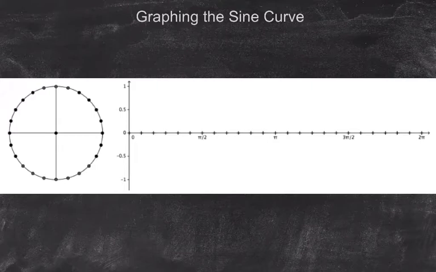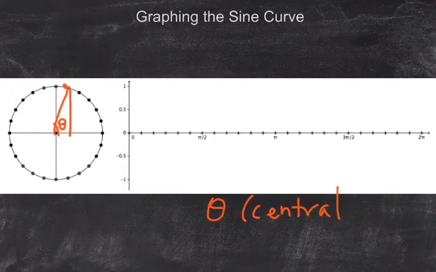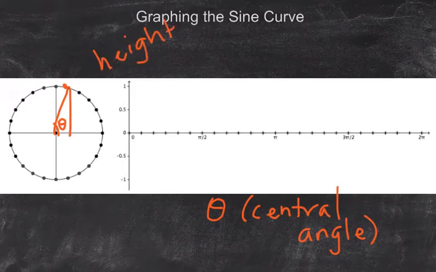And since any point on my unit circle has a height or base, depending on what that theta is, what the angle measure is at the center of my circle, my inputs on this graph are going to represent theta, or the central angle in my unit circle, and the outputs on my graph are going to represent the height of my right triangle.